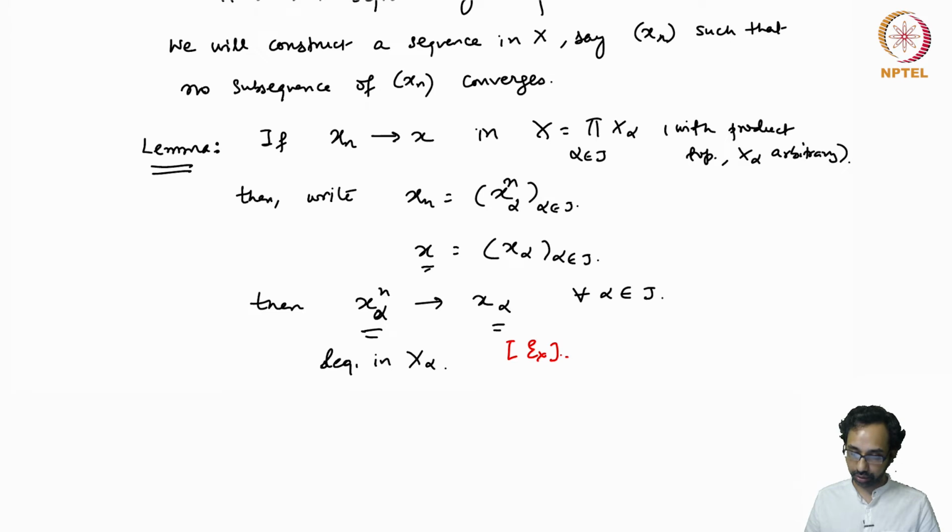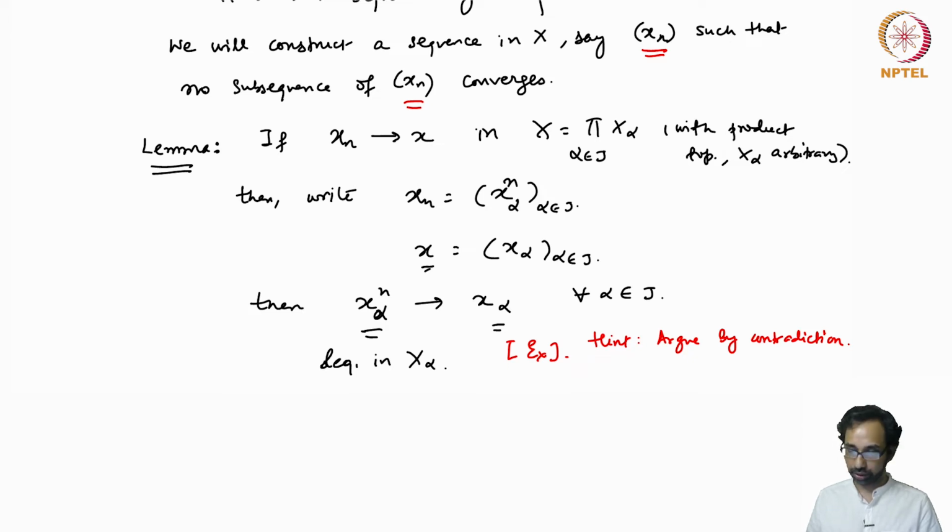Let me give a hint: argue by contradiction, and suppose that there exists an alpha for which the coordinate sequence x alpha n does not converge to x alpha, and then you take a basis neighborhood around x alpha and arrive at a contradiction. I will use this to prove that the sequence that we shall construct will not have any convergent subsequence.